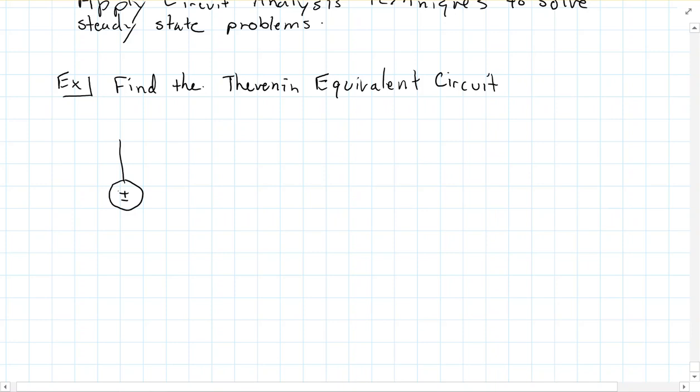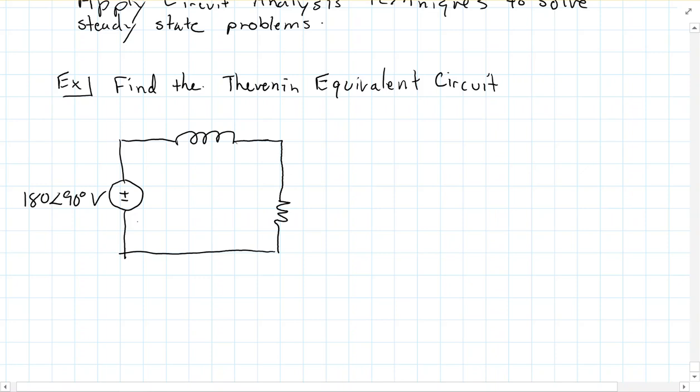And so the circuit that is given in this problem is the following. The capacitor is minus J30, we have a 15 ohm resistor, and then a J30 ohm inductor.